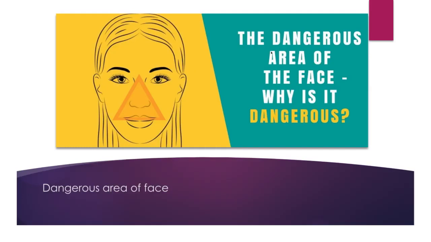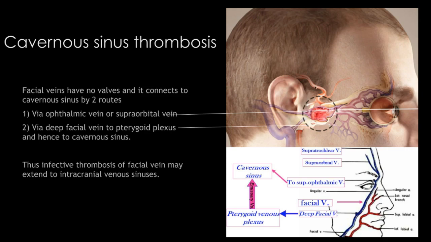So coming to the dangerous area of face, why is this triangular region of the face called the dangerous area of the face? So again, going back to the same thing, the dangerous area of the face, that is the vein supplying the dangerous area, the triangular area of the nose and the upper part of the lips.